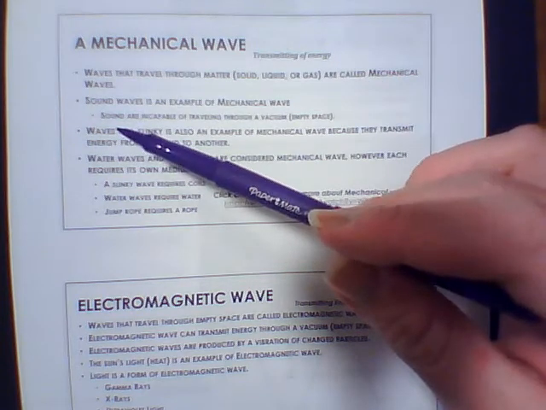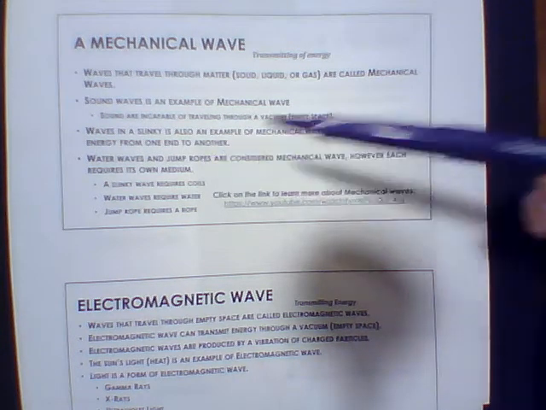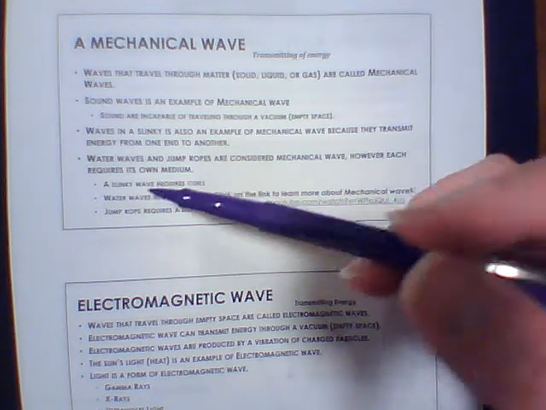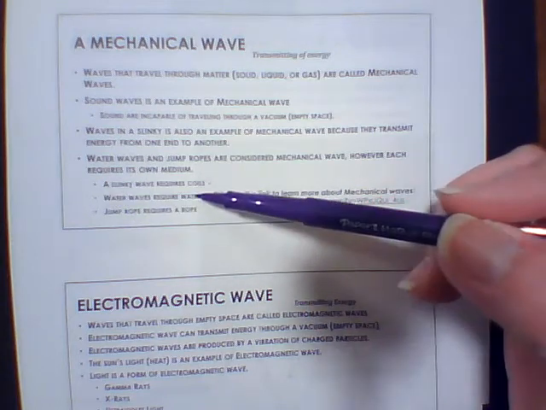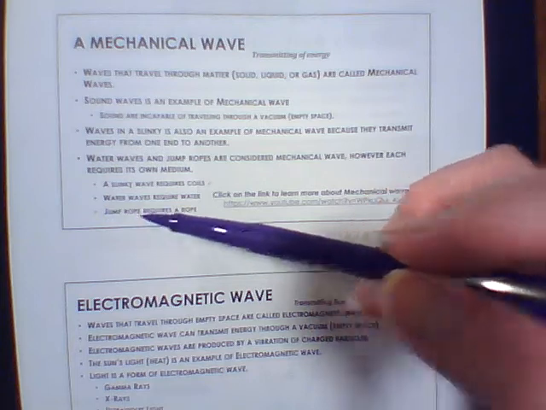For example, if I have a slinky and I transmit energy from one end to the other, that would be considered a mechanical wave. The same thing with a jump rope. But remember, mechanical waves have to have their own medium. So if I'm looking at a slinky, I need coils. If I'm looking at water waves, I need water. And if I'm looking at a jump rope, I need a rope.